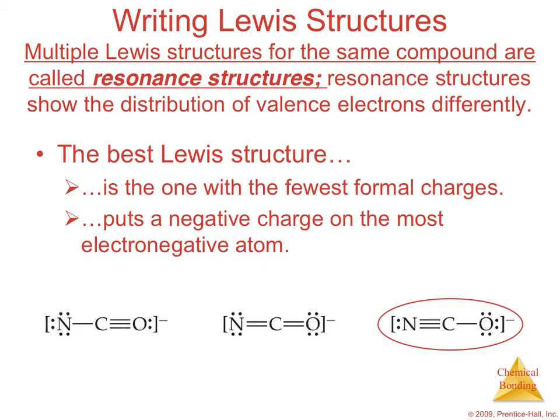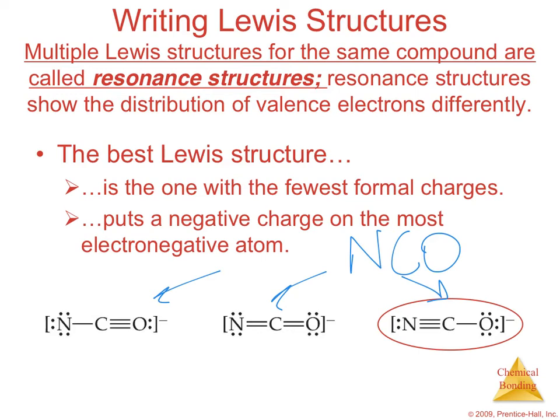All right, so let's look at a case where we would need to use formal charges. Here is a compound NCO. If you were to go through the steps, which you may want to do, it'd be great practice, make sure that you would possibly come up with these 3 possibilities.